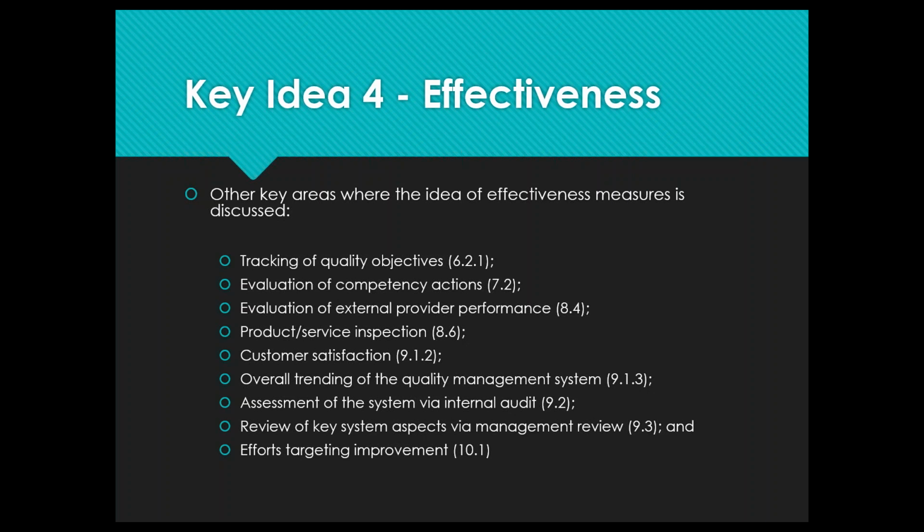You have to inspect your products, 8.6. You have to measure customer satisfaction, 9.1.2. You have to review overall trends in your system, 9.1.3. You have to conduct internal audits, 9.2. You have to look at your overall system in management review, 9.3, and you have to take efforts targeting improvement, 10.1.